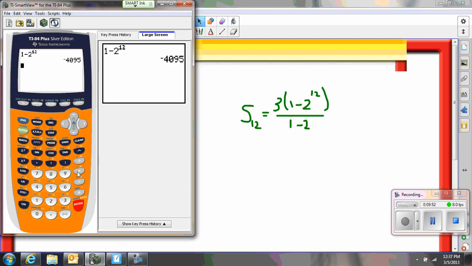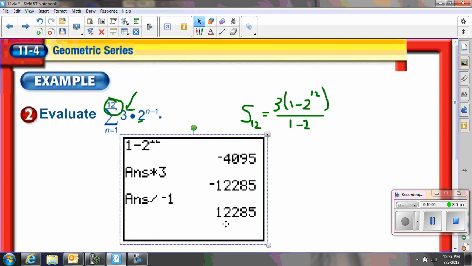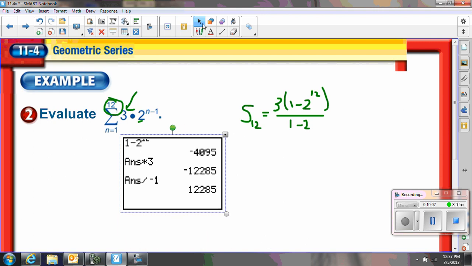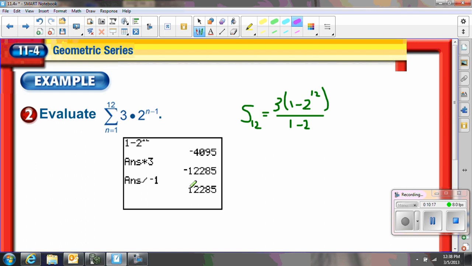We'll times that answer by 3. So that is the numerator, and I want to divide that by 1 minus 2, or a negative 1. So the sum of 3 times 2 to the n minus 1 from 1 to 12 is equal to a value of 12,285.